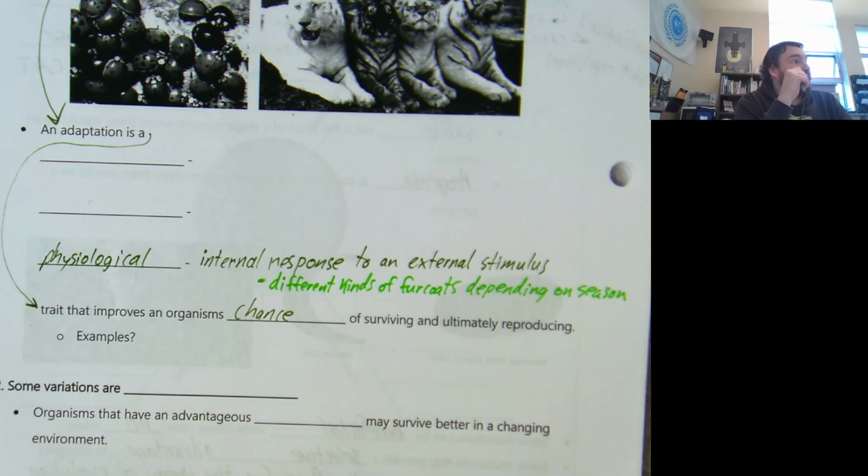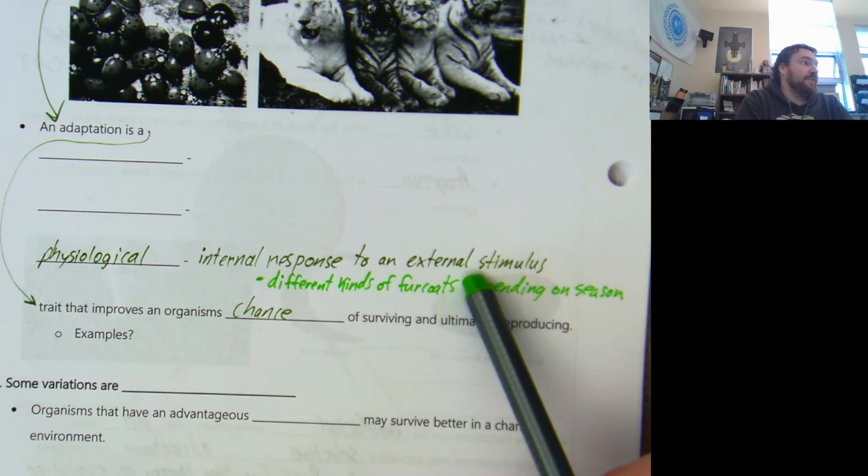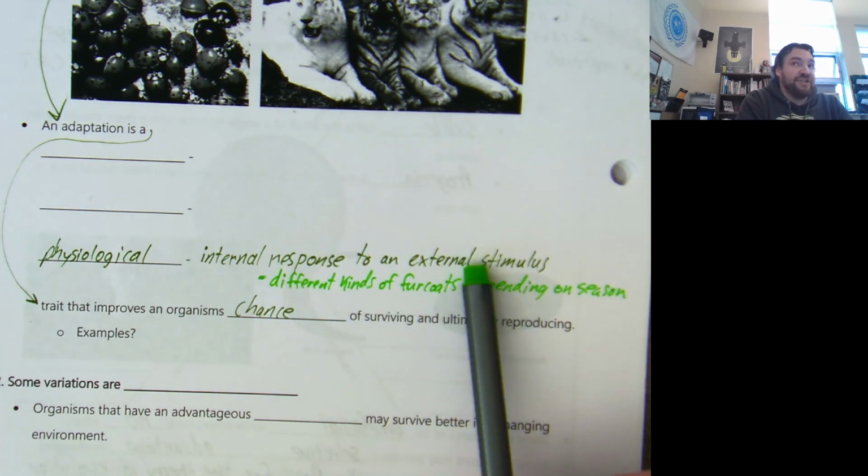There are, yes, Sarah. Chameleons would fit here too. That was going to be my next question. Can we think of other examples? Chameleons are a great example. What is the external stimulus to your chameleon example? So the internal response is changing color. Why do they change color?